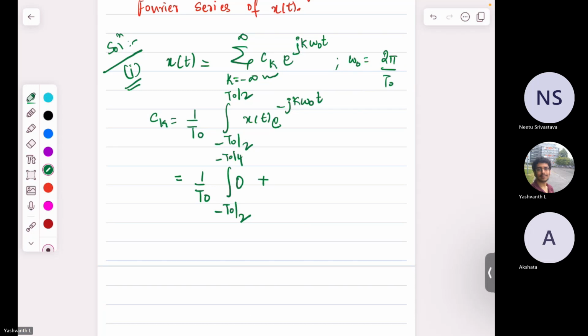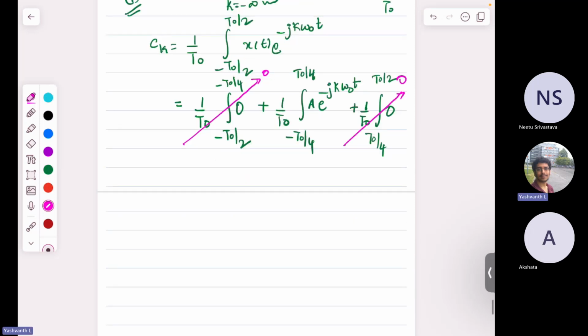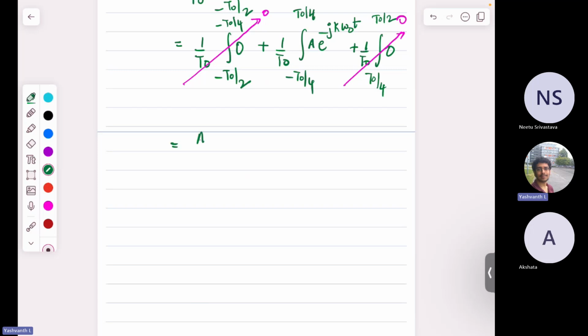0, x of t, that is A, plus 0. Okay. That means this will go to 0. This will go to 0. So what remains is just the middle term, and this is nothing but A by t0 integral from minus t0 by 4 to plus t0 by 4 of e raised to minus jk omega naught t.